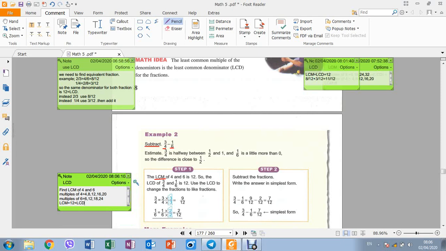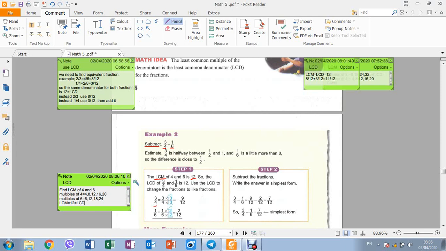Now we found that the LCM of 4 and 6 is 12. Yeah, that's correct. And then LCD, look. At that time, what do we need to do? Put down denominator 12. Don't write numerator, okay? Now put down 3/4 in there. Look at the denominator is 4.